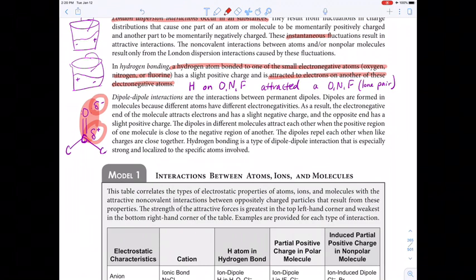The dipoles in different molecules attract each other when the positive region of one molecule is close to the negative region of another. Remember, opposites attract. The dipoles repel each other when like charges are close together. Hydrogen bonding is a type of dipole-dipole interaction that is especially strong and localized to a specific atom involved.